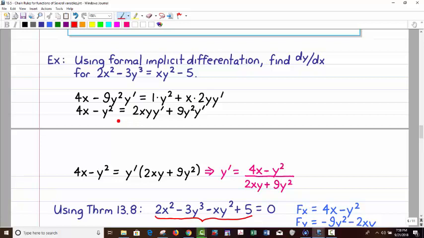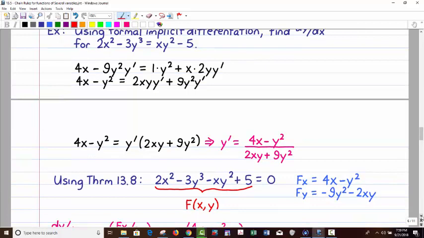The purpose of having the y primes all on the same side is so you can factor out a y prime, which is what I did in the next step. I factored out a y prime, and then divided by what was factored out. So the 2xy plus 9y squared is what was factored out. That will just go in the denominator of the left side. So that means, using regular implicit differentiation, y prime would be 4x minus y squared over 2xy plus 9y squared.